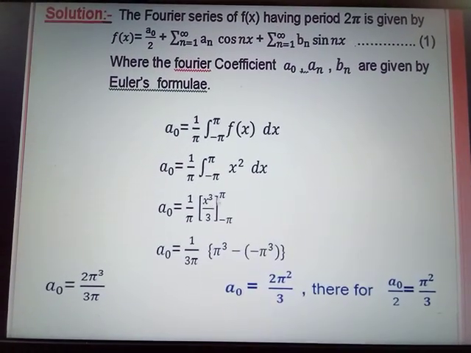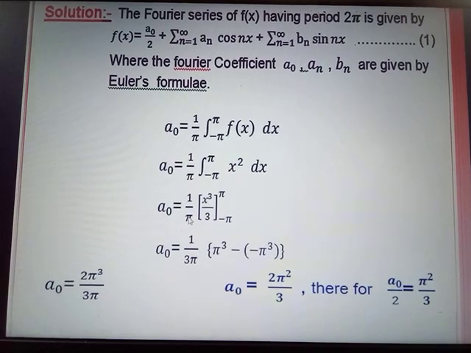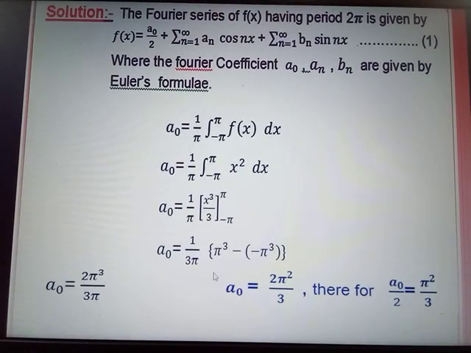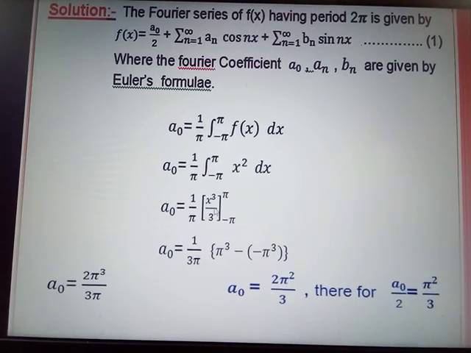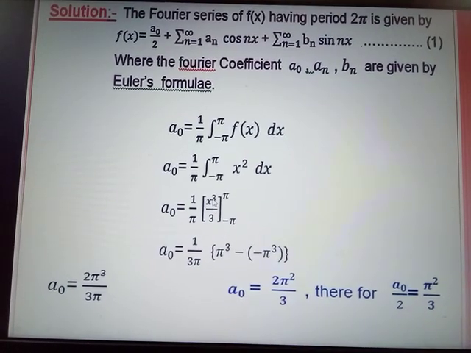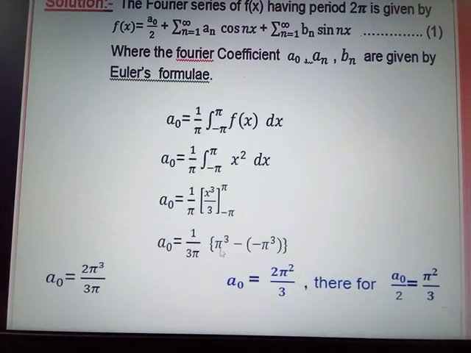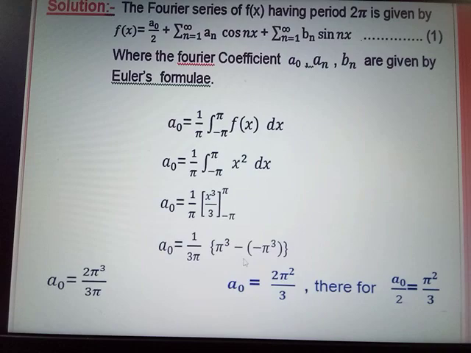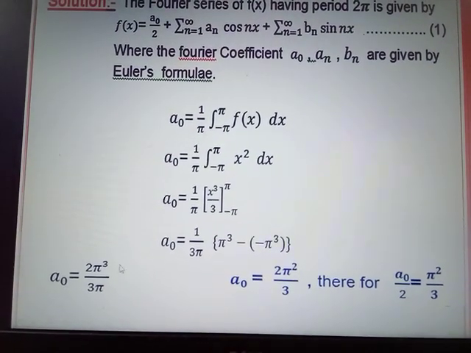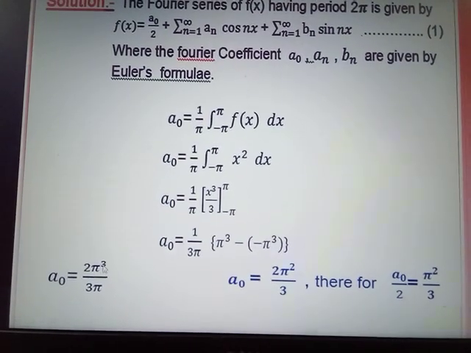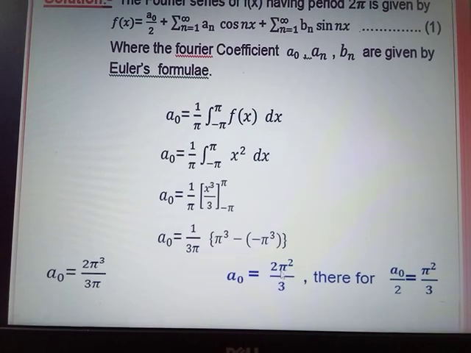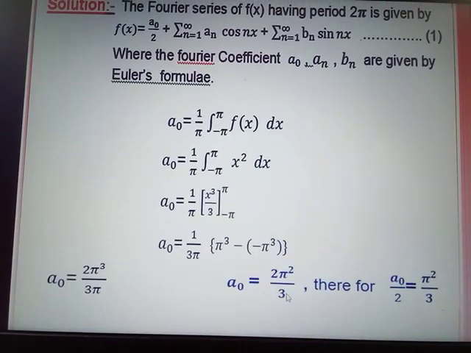We know that 1 by 3 is constant, take outside the limit, therefore a0 is equal to 1 by 3 pi into, first apply the upper limit, pi cube, minus apply the lower limit, minus pi cube, minus into minus plus, therefore it is 2 pi cube. Therefore a0 is equal to 2 pi cube by 3 pi. Here one pi cancels with the denominator pi, we get a0 is equal to 2 pi square divided by 3.